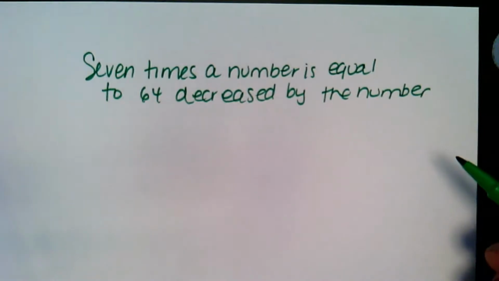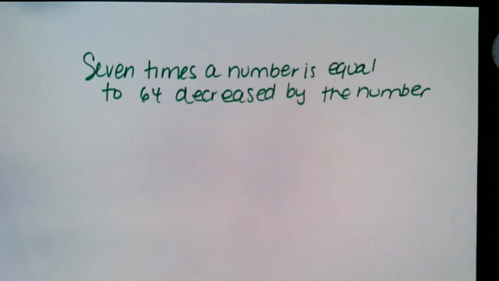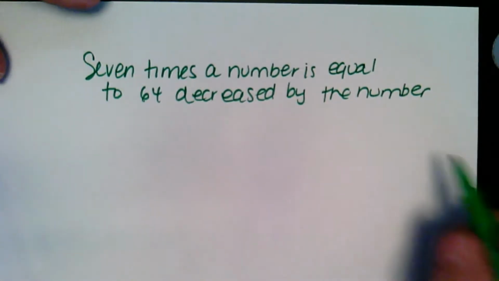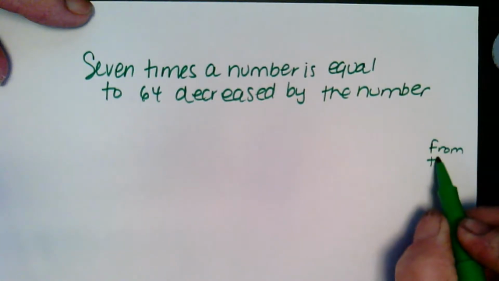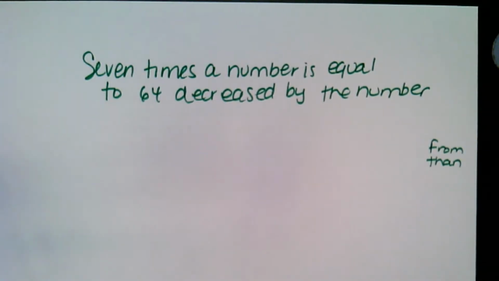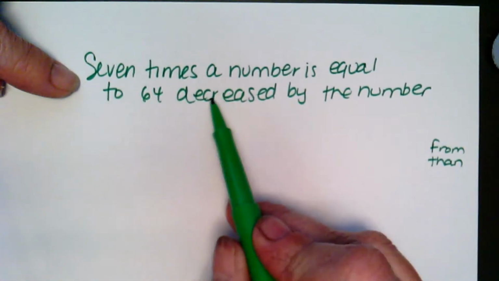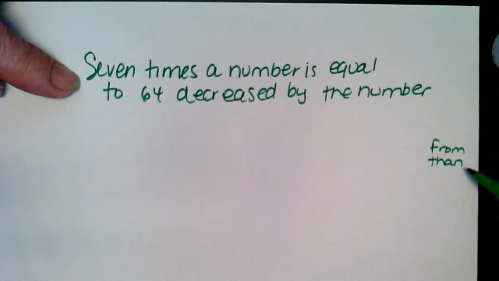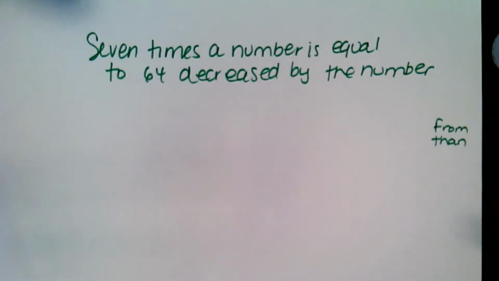Alright, so my biggest suggestion on this is you write it as you read it. And if there's more than one thing in the problem to do and it's too confusing for you, you can always start from the back and go to the front. The only time that it gets kind of sticky is if they are subtracting and they use the words from and then you have to reverse the order. But in this case, they are saying subtraction, but they're not using from or than, so we can write this the way it is written.